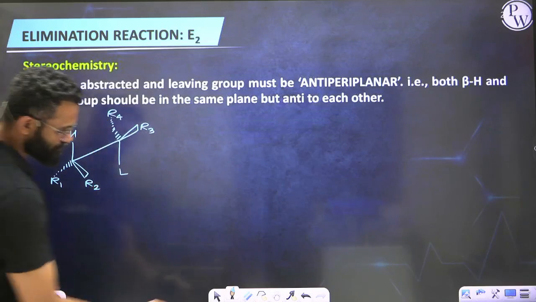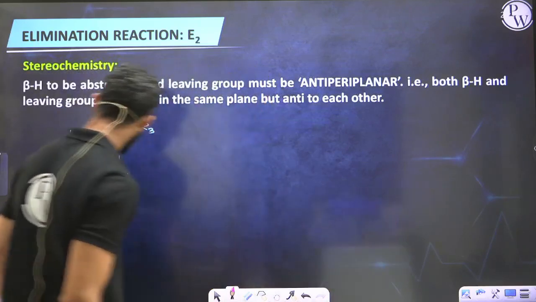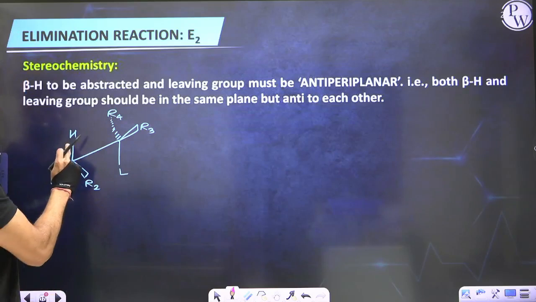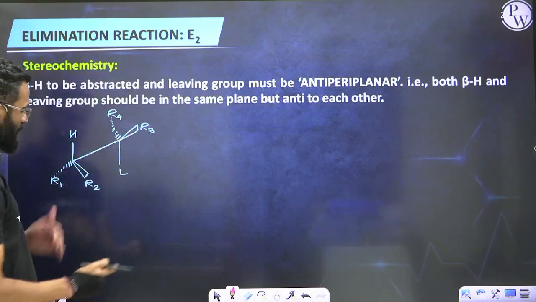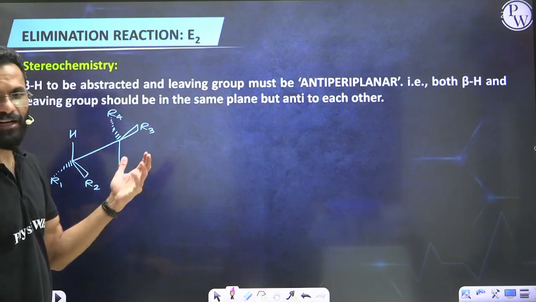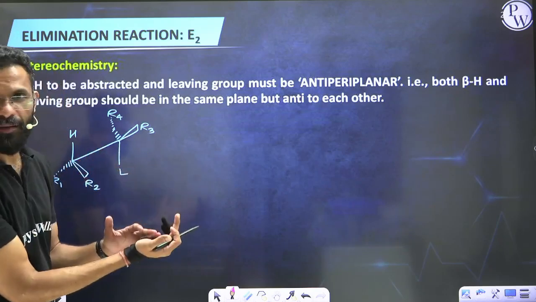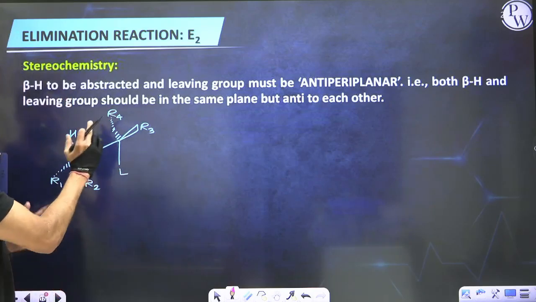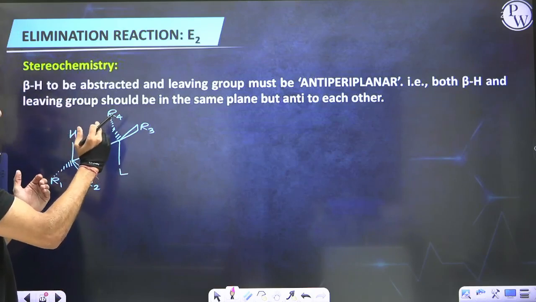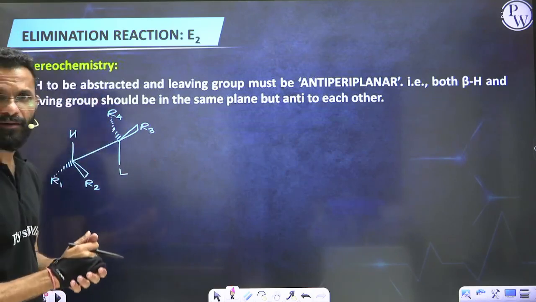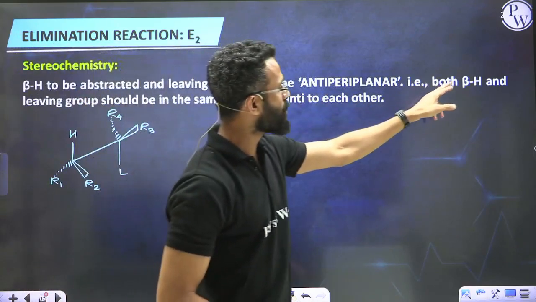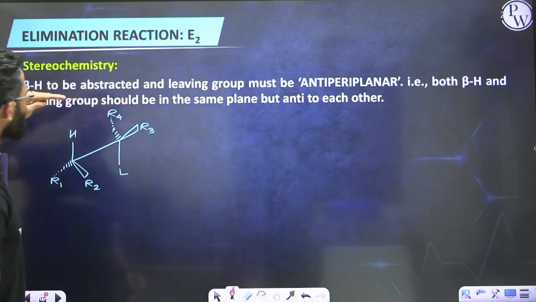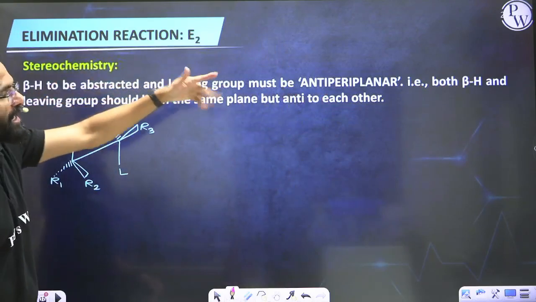Now look, you will see here the hydrogen and the leaving group are in the same plane. You can see that they have been represented on the normal line. R2 and R3 are on solid wedge bonds, which are coming outside the plane of paper, whereas R1 and R4 are the groups represented on the hashed wedge or dashed line, which are going inside the plane of paper. So when you say anti-periplanar or anti-coplanar, it means both the beta hydrogen atom and the leaving group should be in the same plane but anti to each other.